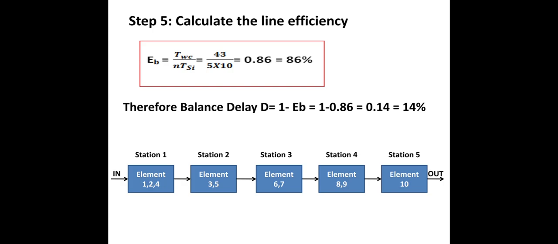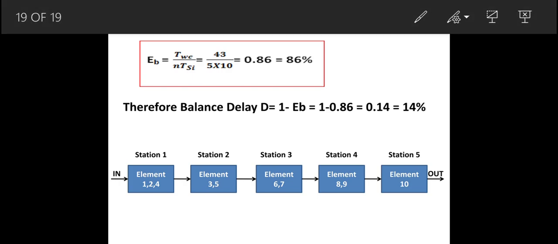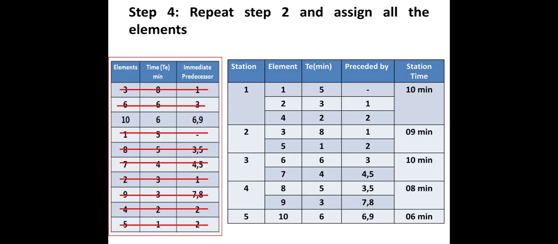Now let me calculate the line efficiency. The formula is TWC divided by N times TSI, that is station time. I can call it cycle time also. So this TWC is nothing but the sum of all the element times: 5 plus 3 plus 2 plus 8 plus 1 plus 6 plus 4 plus 5 plus 3 plus 6.